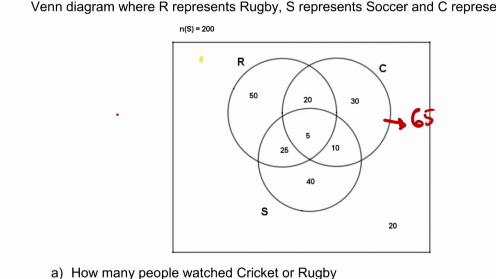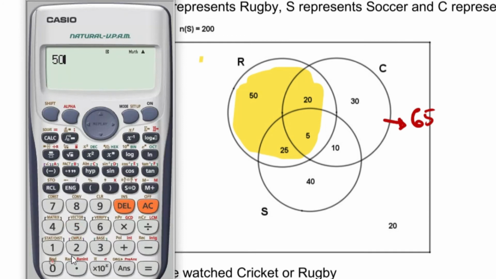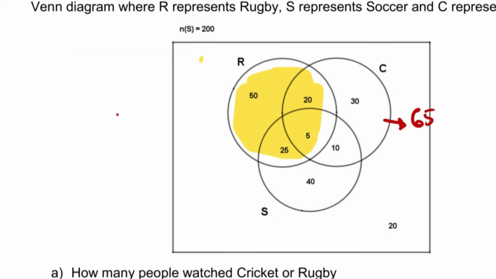Everything in the rugby circle, looking at that, this one here would be 100. Finally, in the rugby and cricket intersection, we're looking at this part here, and that is just 20 plus 5, which is 25. Okay, so those are the values.